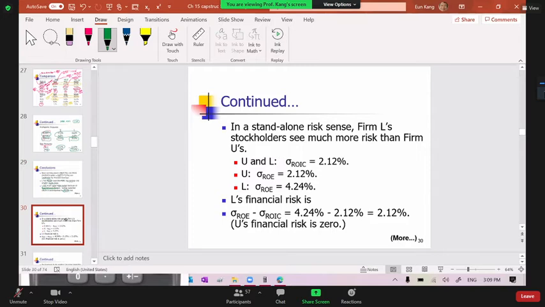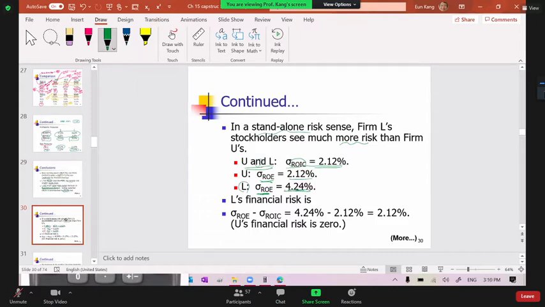Then, in the standalone risk sense, Form L's stockholders see much more risk than Form U's. That's what we have seen. The leveraged company's returns are more fluctuating. ROIC is the same for U and L, but for ROE, U is 2.12, while the levered firm is huge.